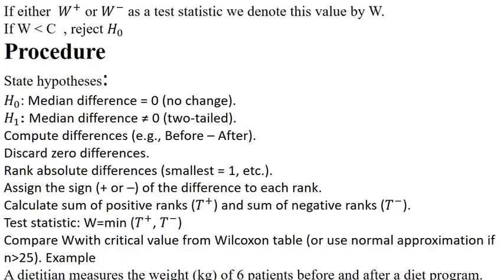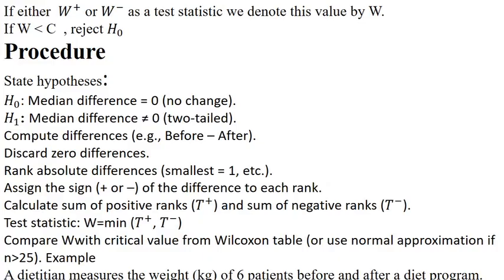We rank the absolute values, smallest is 1. We assign the plus or minus of the difference to each rank. Then we calculate the sum of positive ranks and the sum of negative ranks. Our test statistic will be W, that is the Wilcoxon signed rank statistic, the minimum of T plus and T minus.